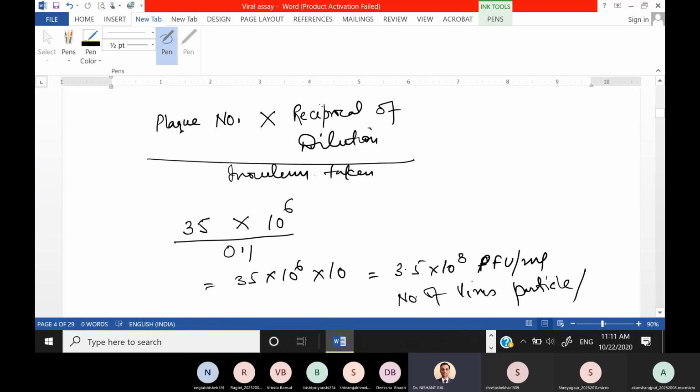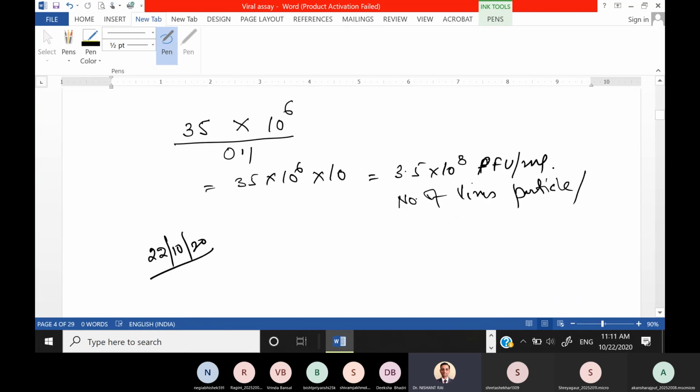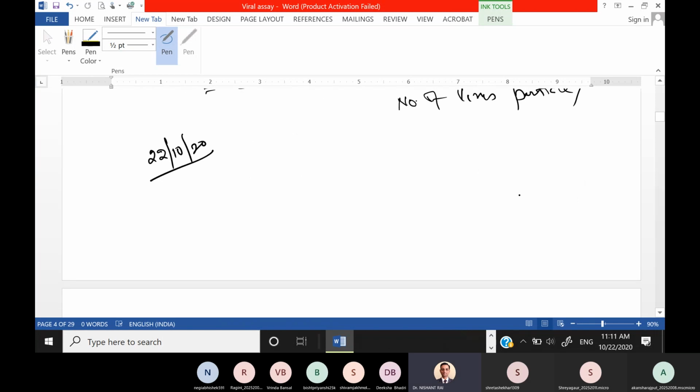So plaque number is 35 into reciprocal of dilution upon inoculum taken, and this is how you will determine the plaque forming unit per ml. So this is number one, quantal assay and quantitative assay.